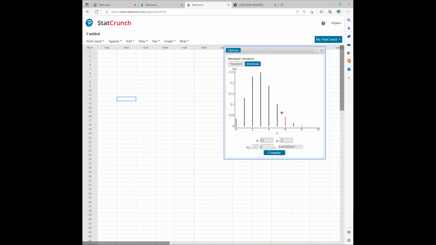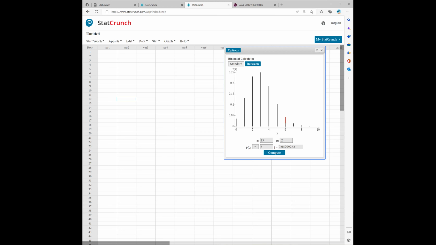Tall bars go with high probabilities. So 6 returning to prison has a really short bar relative to these taller bars. 5 is more likely than 6, 4 is more likely than 5, and then 3 is where the peak is. So if you had 15 parolees, the most likely outcome would be that 3 return to prison. So 6 is a lot, relative to only 15.